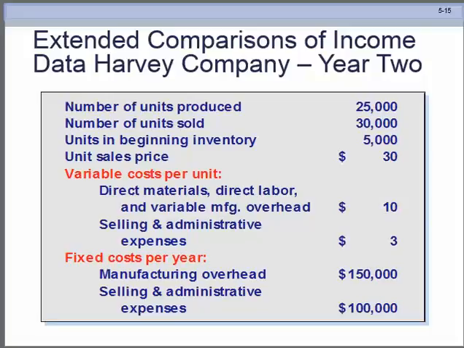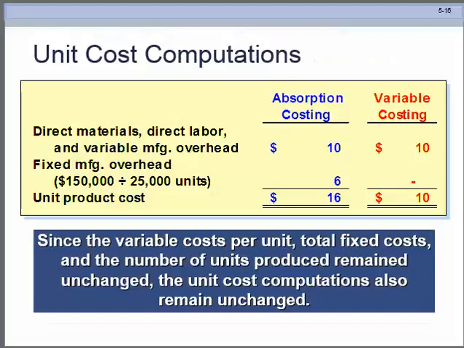They just carry over. Okay, now let's keep moving with this. Now take a look at how the variable cost per unit, total fixed cost, and the number of units produced remain unchanged. And so therefore, the unit cost computations also remain the same. Okay?